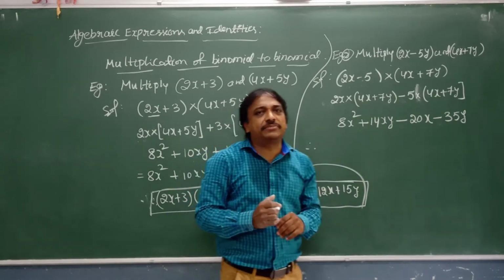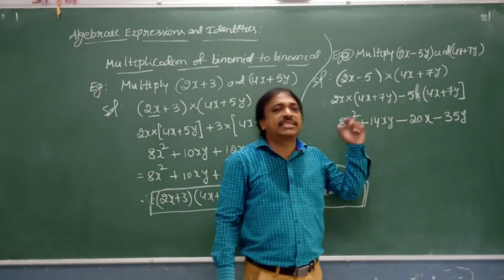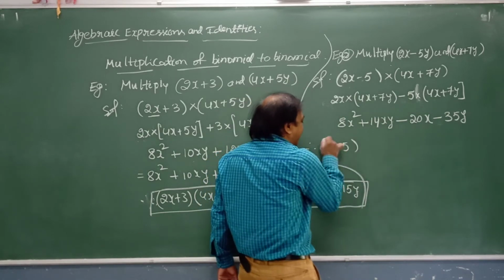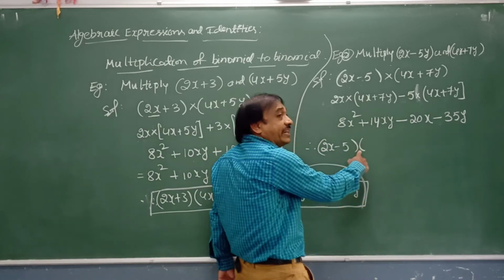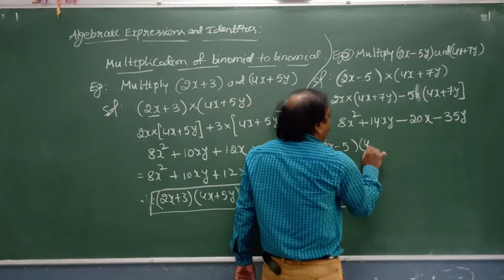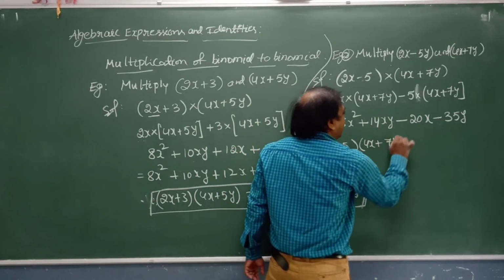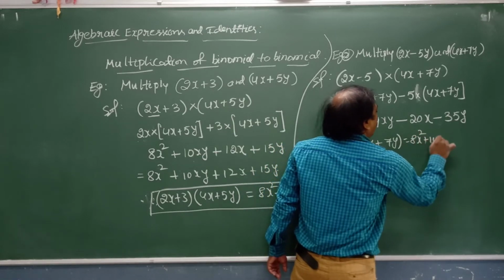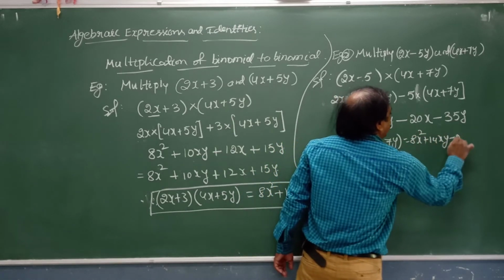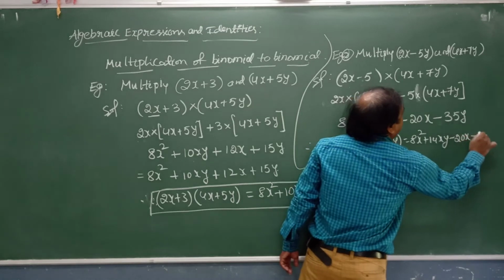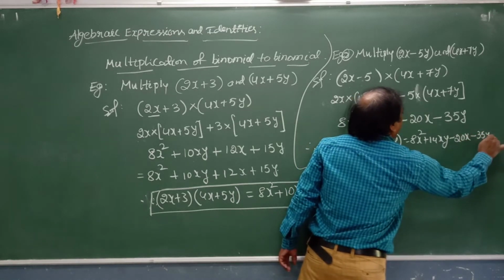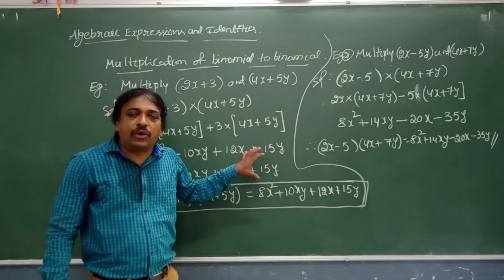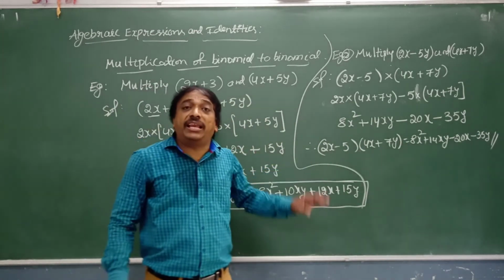There is no like terms, so we can leave the answer like that. Therefore 2x minus 5 into 4x plus 7y is equal to 8x square plus 14xy minus 20x minus 35y.